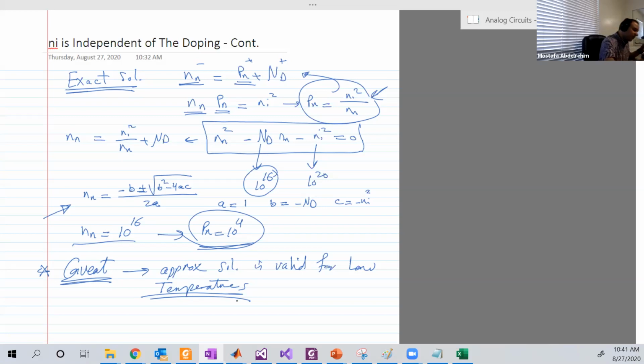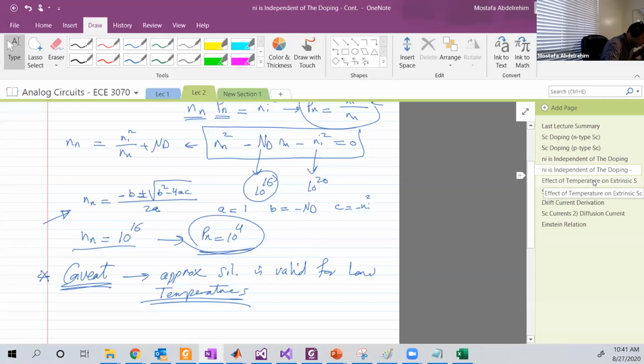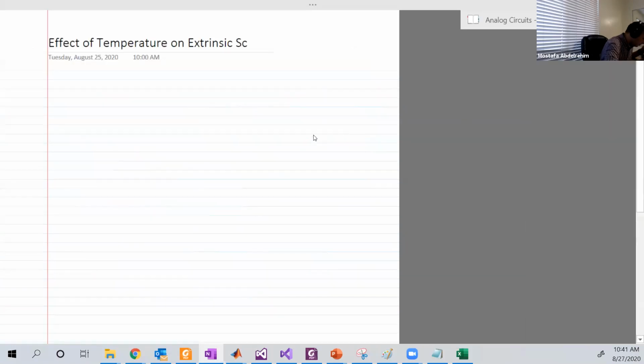So let's do that. Effective temperature on extrinsic silicon, okay?